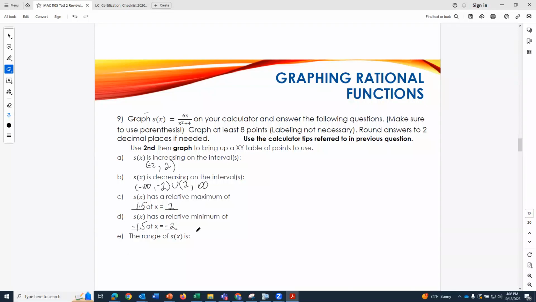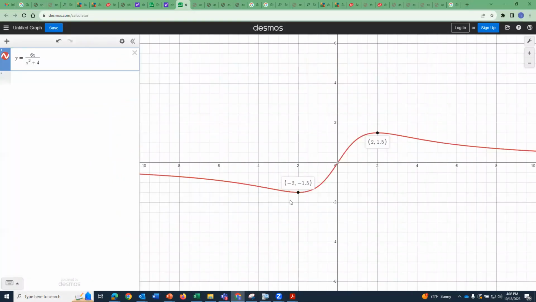The range, this is a good question, the range. In this case, the local minimum is the lowest value, and the local maximum is the highest value.